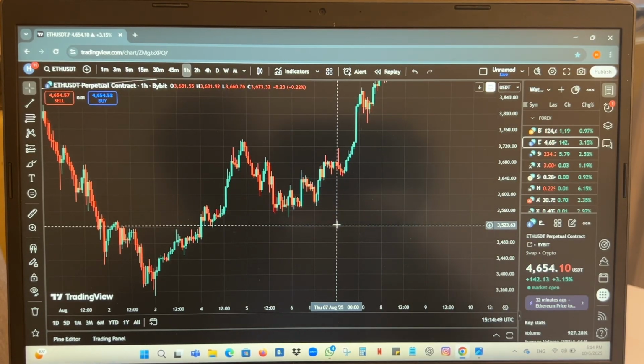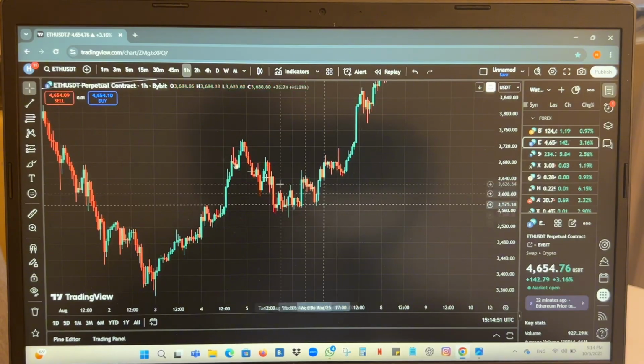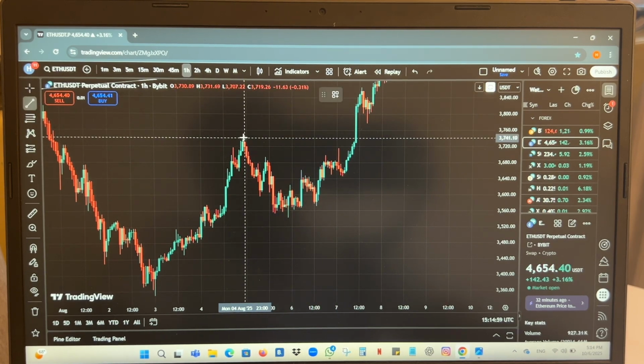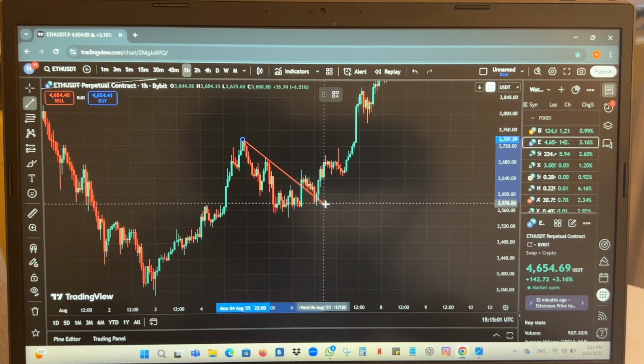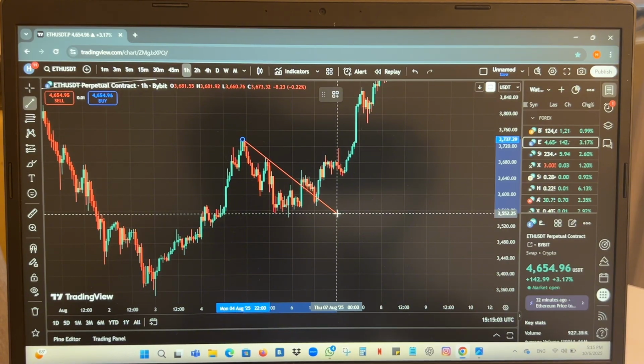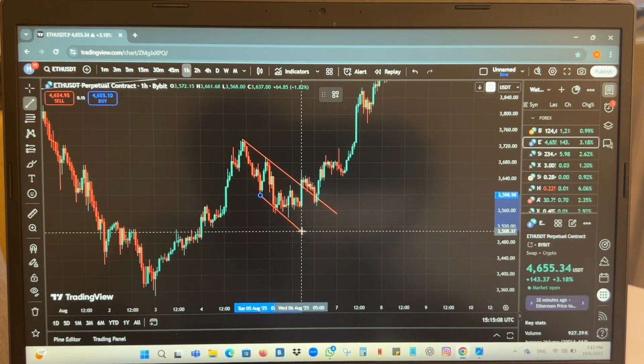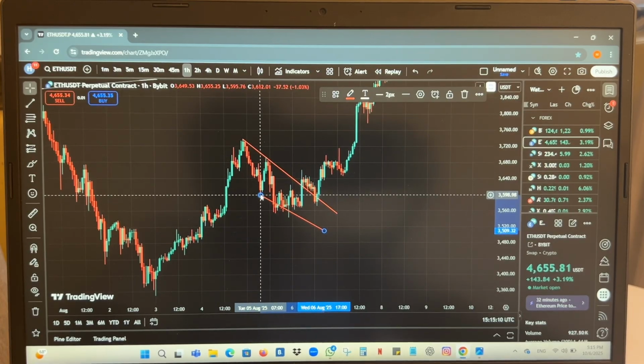And let me give you guys an example in the live chart. So this is Ethereum, and by the looks of it, I know you guys can't identify what kind of patterns they are. So let me draw some trend lines, and then you will get a slight idea what I'm talking about.